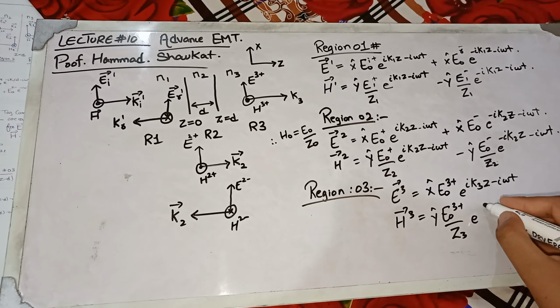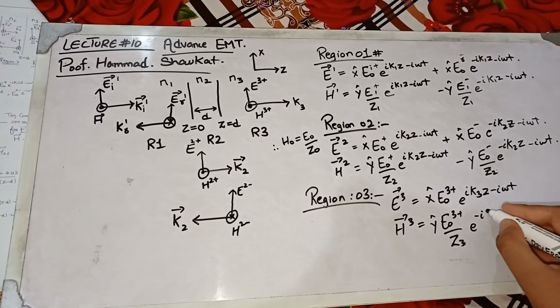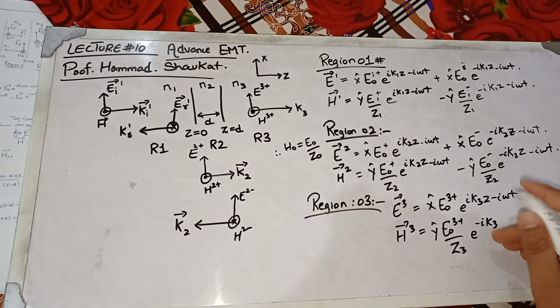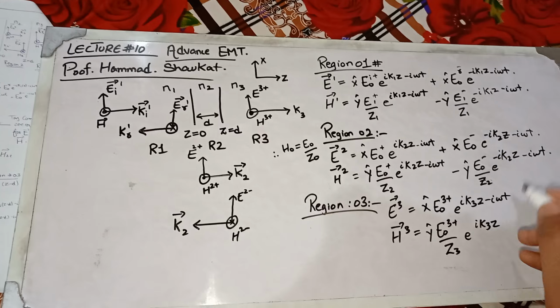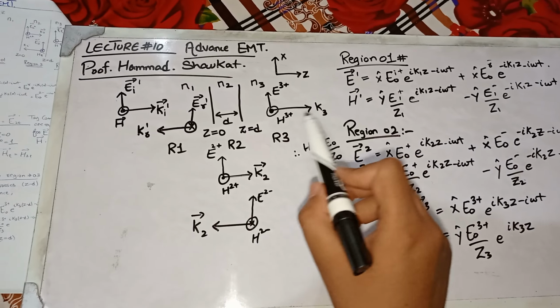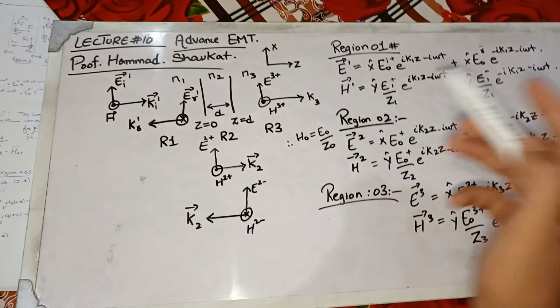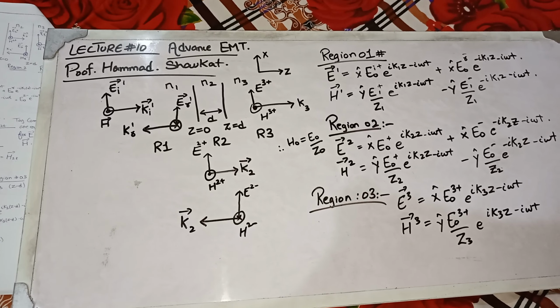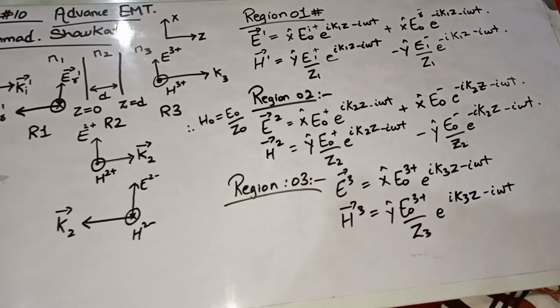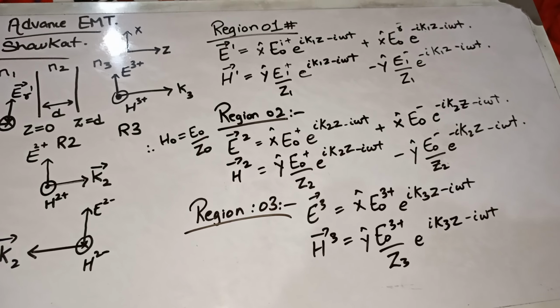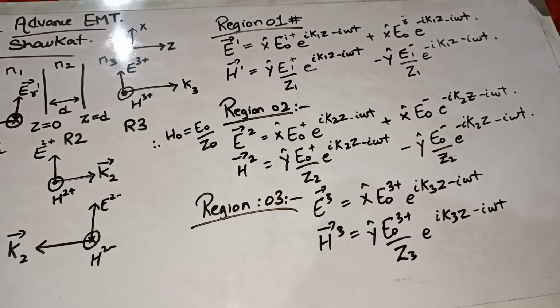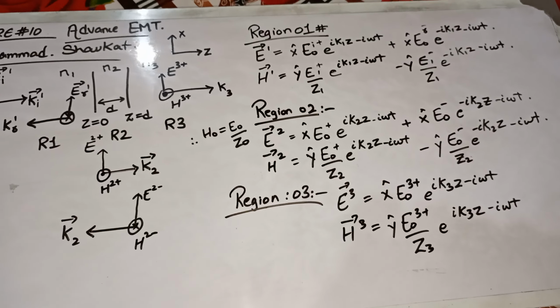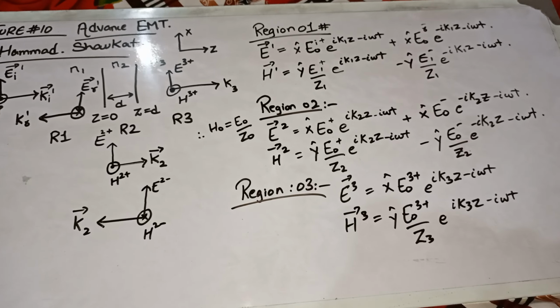E power, you can write plus iota k3z, because the k3 direction is along the z direction, that's why iota k3z minus iota omega t, because there is no reverse back wave. So that's all the three region equations of electric and magnetic field for your concern.